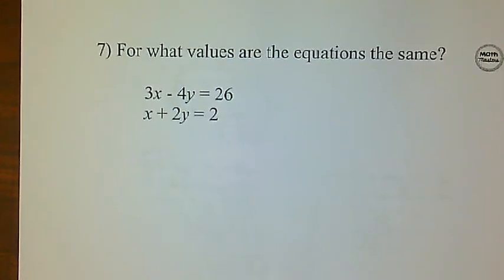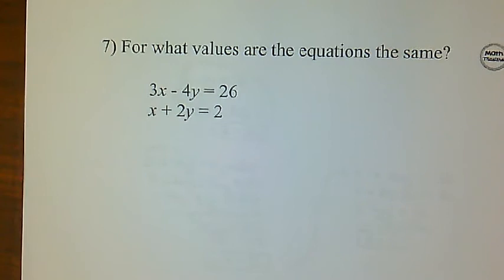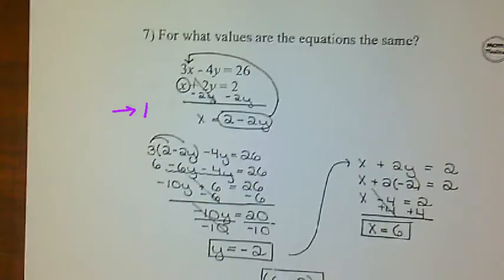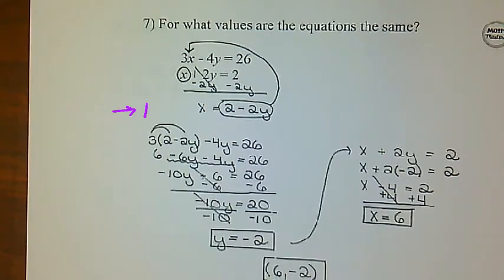Okay, for the next one, again, same thing. And you didn't have to do a check for this one. So I see that we have a coefficient of 1, so this is the one that I would solve for. Let me point some things out for this.